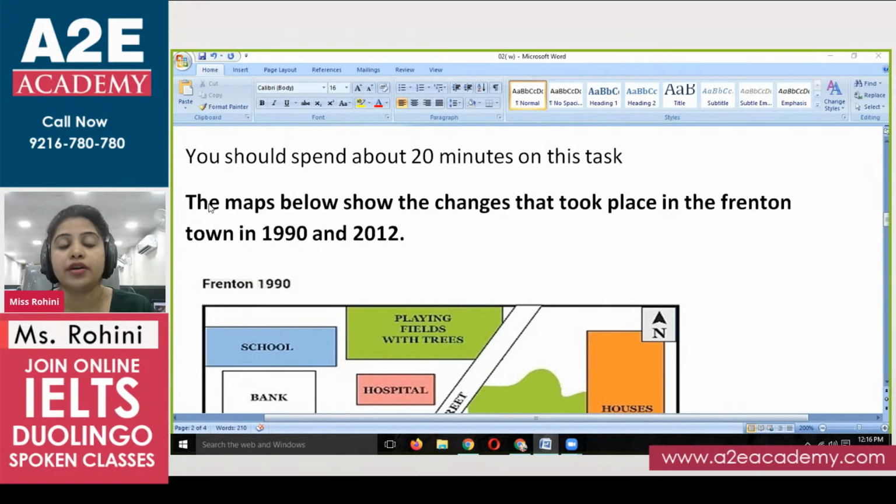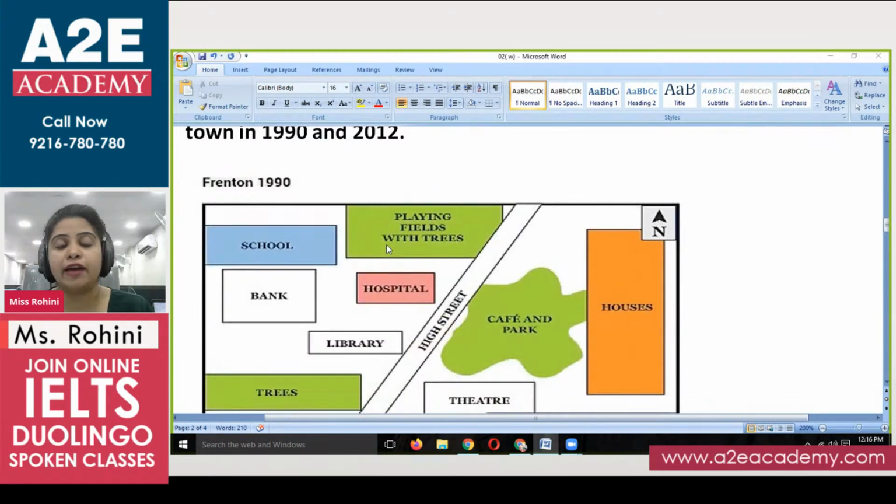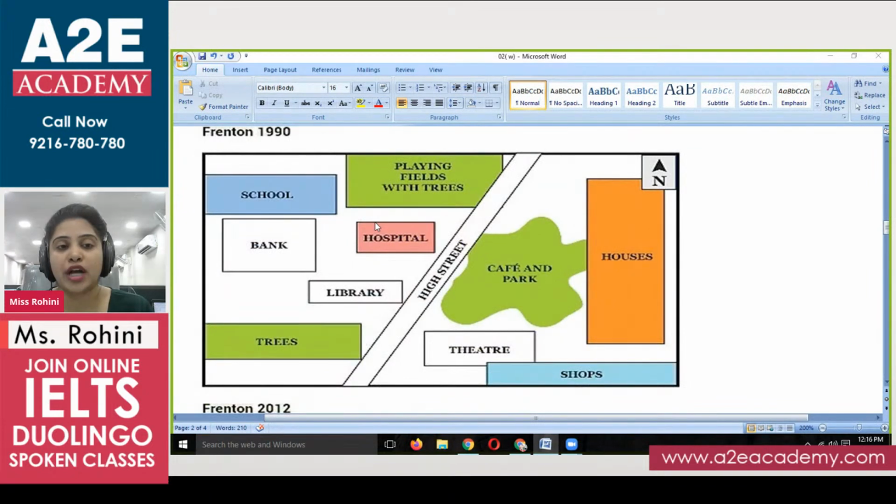Okay, the rendered maps illustrate the modifications that have taken place in Frinton town in 1990 and 2012. Then the overview. Now, for the overview we have to take a look at the maps.